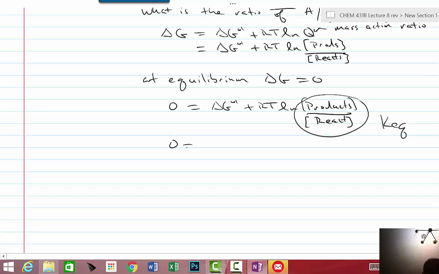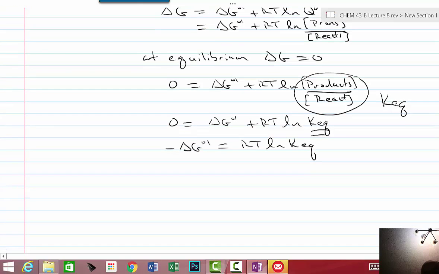So I'll rewrite it one more time. 0 equals delta G under standard conditions plus RT natural log of K equilibrium. So if I were to solve this for K equilibrium, I would take delta G under standard conditions to the other side of the equal sign. That's going to be minus delta G under standard conditions equals RT ln of K equilibrium.